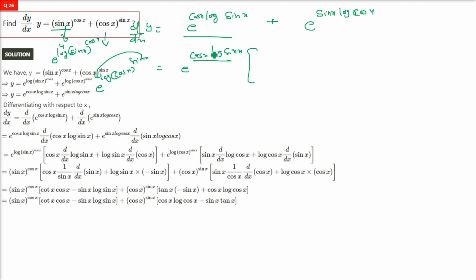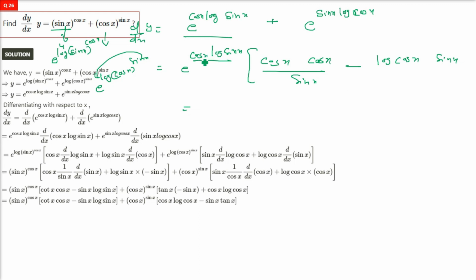So cos x let us take, log sin x derivative will be 1 by sin x, and sin x derivative will be cos x. This is the first term. The second term will take log sin x here. So let us add this. Log sin x, I'm not putting the sign, you'll just see log sin x, and this cos x derivative is minus sin x. That is why I changed the sign.